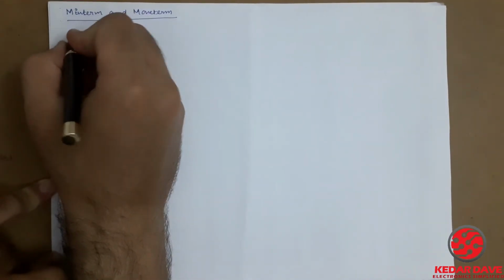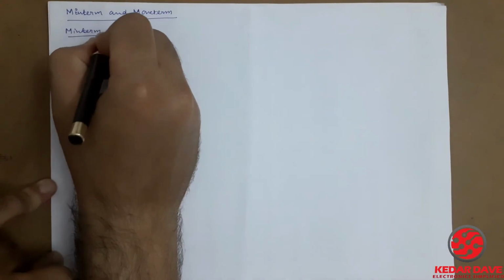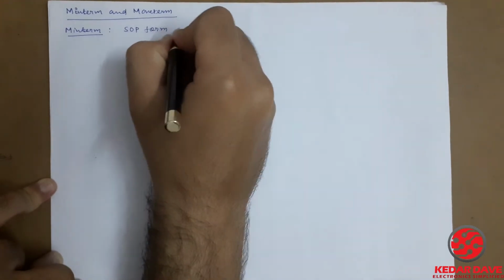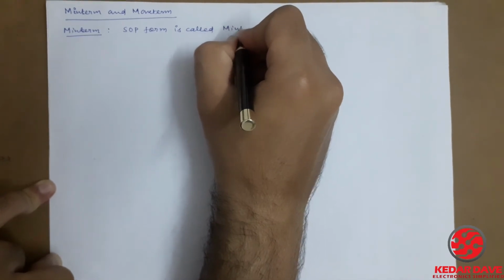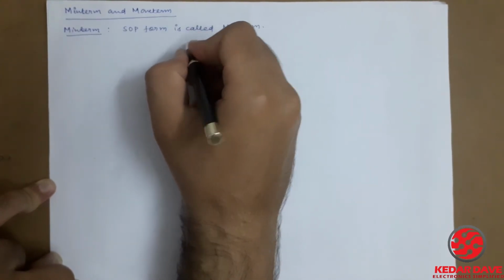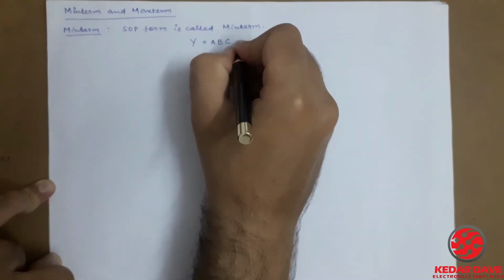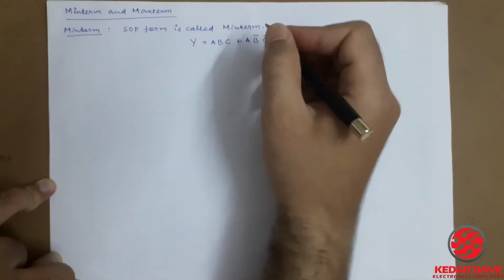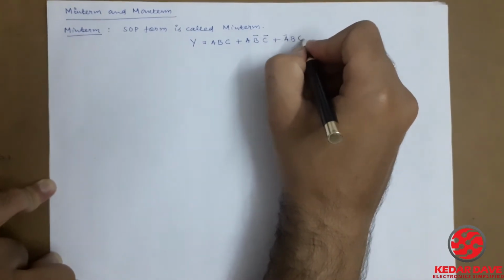So minterm is called as the term which is having SOP form. For example, y is equals to a b c plus a b bar and c bar plus a bar b c bar.